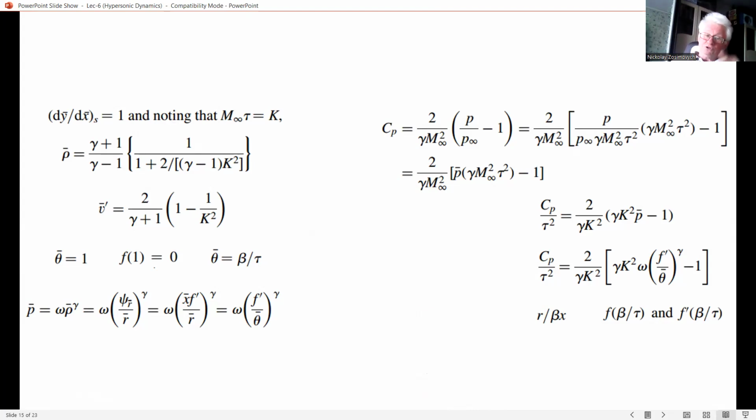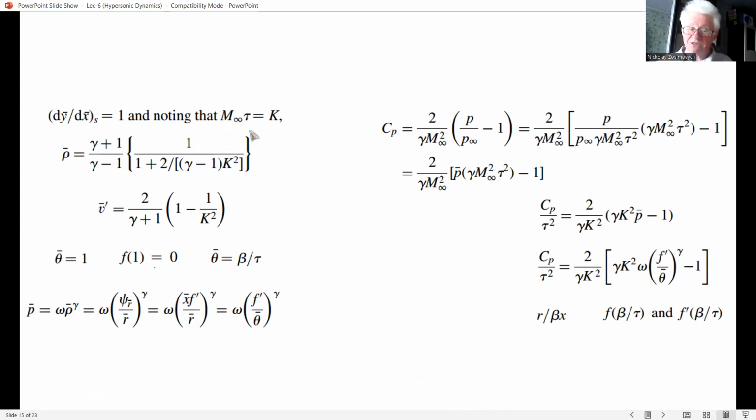However, you should keep in mind that within the framework of hypersonic small disturbance theory, M infinity or tau individually are not germane. The solution depends on their product, M infinity tau, okay.